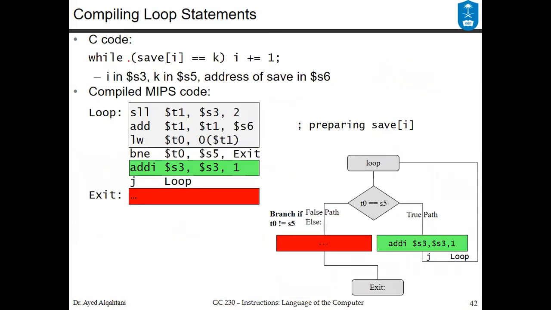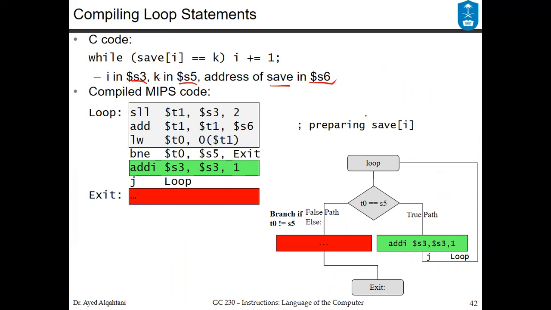If you have this example, now we have a while loop. While an array called save with index of I is equal to k, then increment the index I. If we say that the I is an S3 and k is an S5, and the array save has the base register S6.